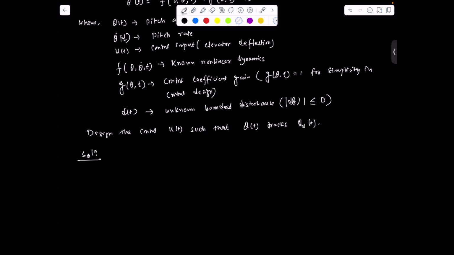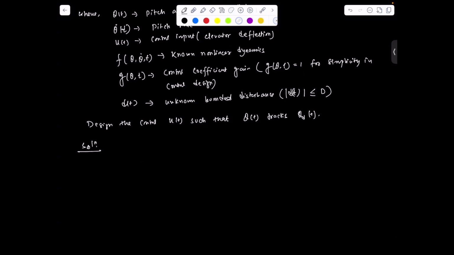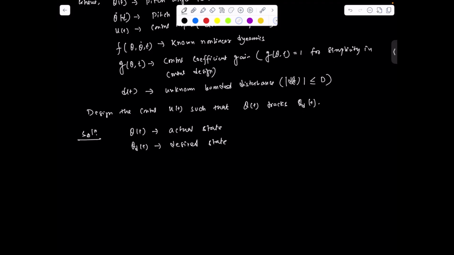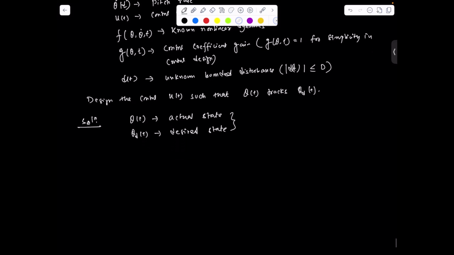Here theta is the actual state, and theta desired t is the desired state. So our main aim is to design the control u of t, which helps theta to track theta desired. So from these states, we can find the error.